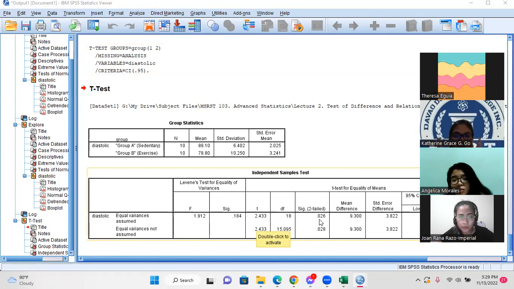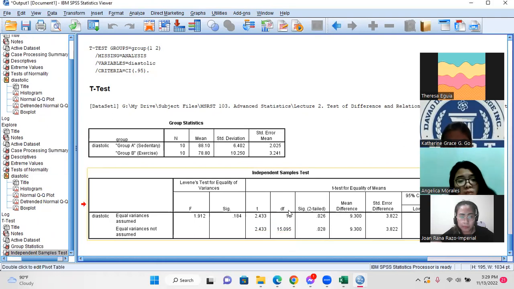Dito tayo sa DF, ito t-test 2.433. Etong DF, degree of freedom. And dito tayo titingin sa sig two-tailed. Ano ba yung sig two-tailed natin? Is it more than or less than 0.05?